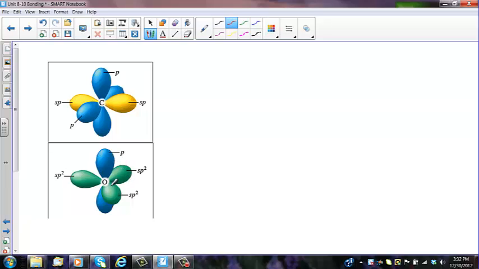Okay, they're showing you for oxygen and they're showing you for carbon. Now remember, this makes sense because oxygen is 6, so it's 1s2, 2s2, 2p4, right? 5, 6, 7, 8. There you go, 8 total.